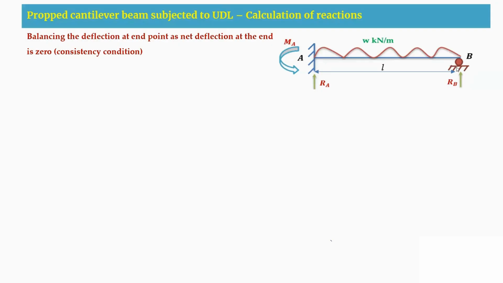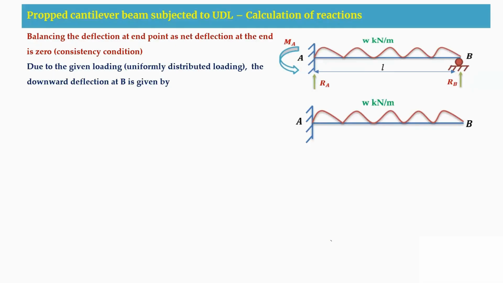We are making this entire propped cantilever beam into 2 parts: one is a cantilever beam with UDL and another is a cantilever beam with the vertical reaction. For the cantilever beam with the UDL, we are going to have a downward deflection, and due to the vertical redundant force, you are going to have an upward deflection.